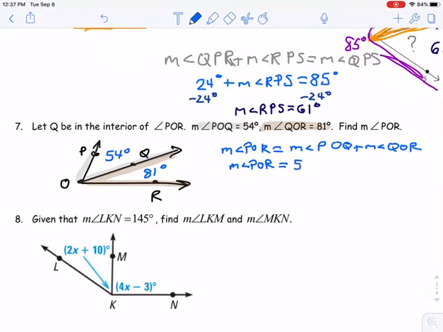We're going to get 54 plus 81. And we're going to do the calculations as measure of angle POR equals 135 degrees. So the whole thing's 135 degrees. We didn't draw a 135 degree angle. That's okay. Just reference that we had what parts and what we needed to find.